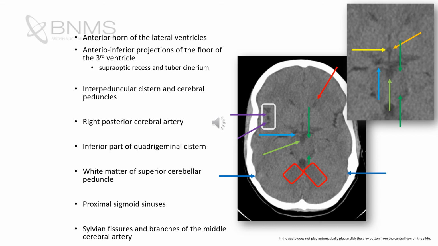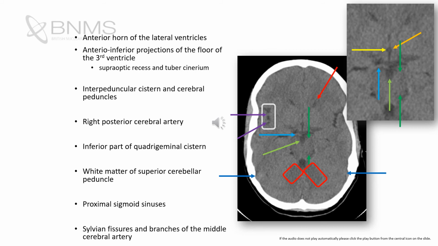On this slide, if you give the first click, you will see the red arrow showing the inferior aspect of the anterior horn of the left lateral ventricle. If you click again, you'll see an expanded view of some of the more detailed central structures.